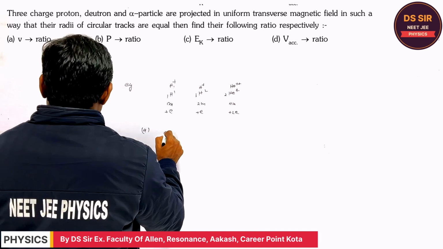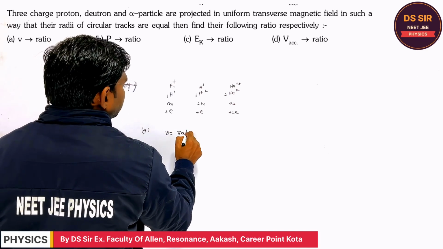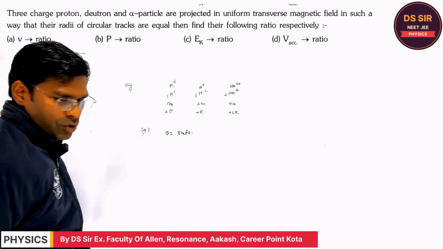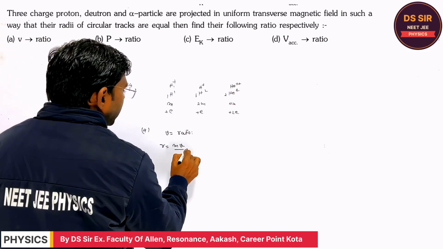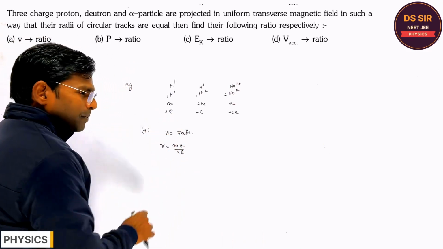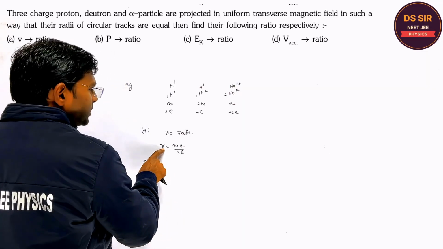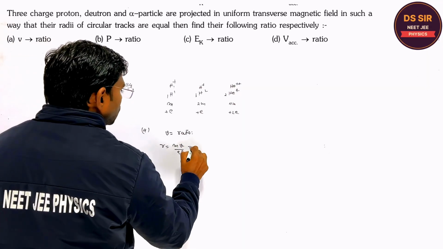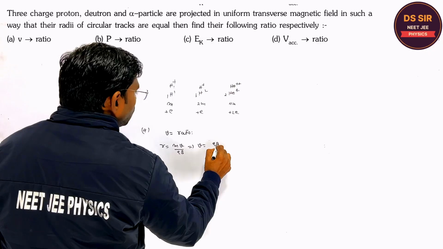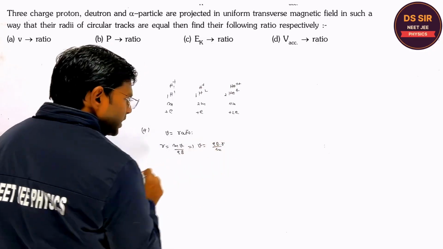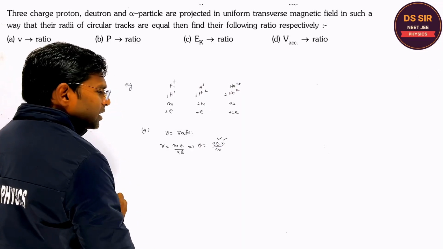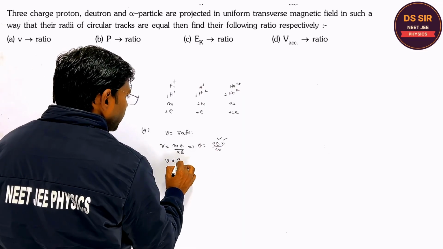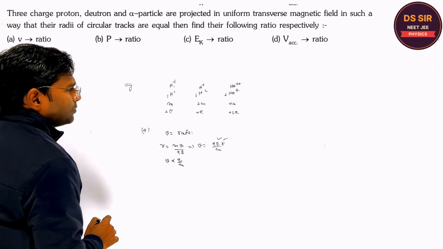First, the speed ratio. So radius is mv upon qB. Radius is same, so speed is qB into r upon m. Is it clear or not? Yes. The magnetic field and radii are same, so speed is proportional to q by m.